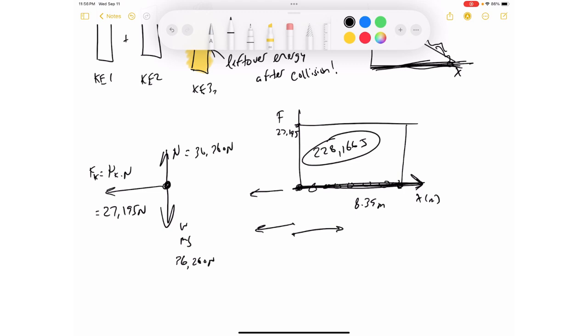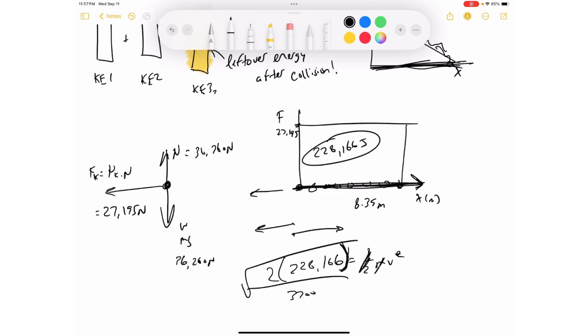So I could say 228,166 used to be kinetic energy, which is 1/2 mv squared, right? And so in order to find that v, you would just multiply times 2, get rid of that, divide by the mass, which is 3,700 kilograms, get rid of that, take the square root, and now you end up with v.